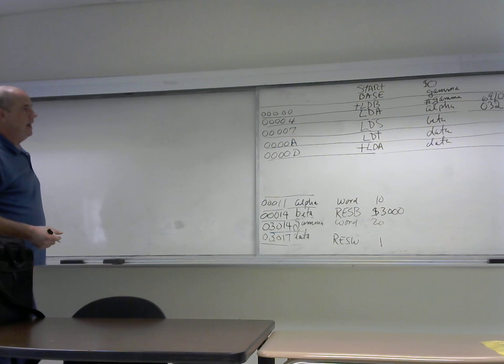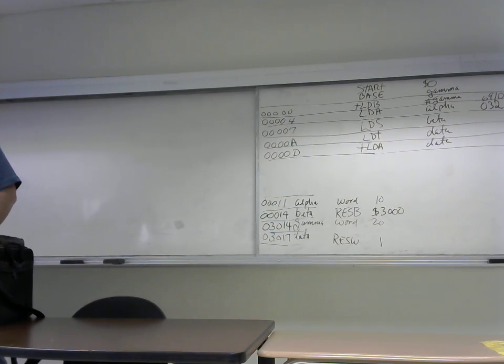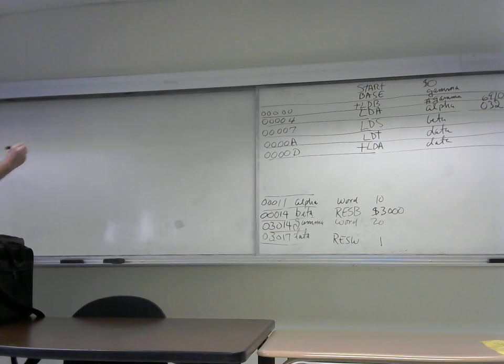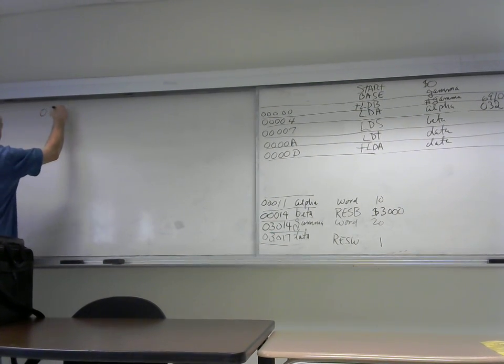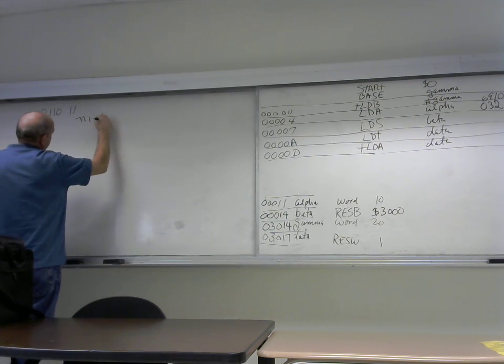Next one, LDS beta. Okay, beta's not too far away. So we've got LDS, and that one is 6C. 6C. And then we have NISBDE.